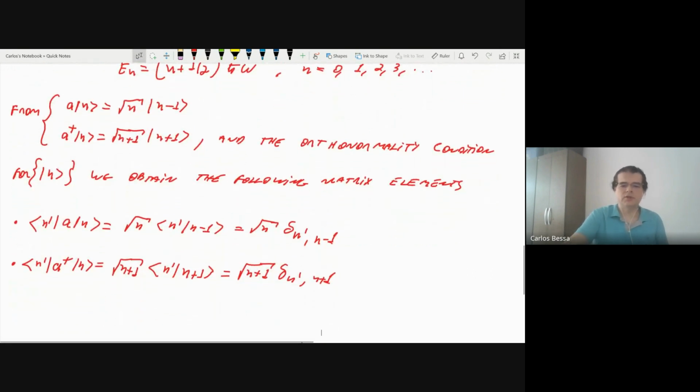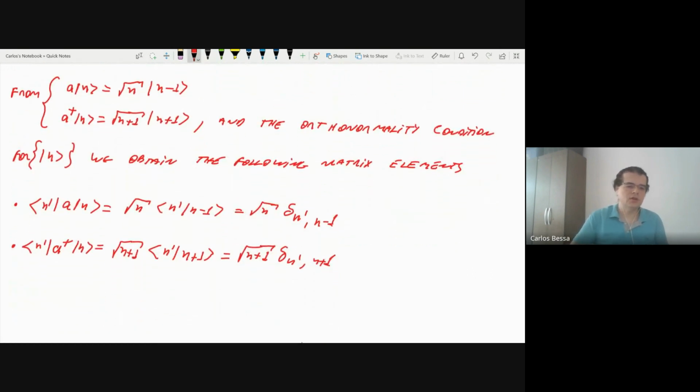Okay, so this delta here, just an observation: delta ij is equal to 1 if i is equal to j, and 0 if i is not equal to j. So these matrix elements for a and a dagger are not diagonal, right?